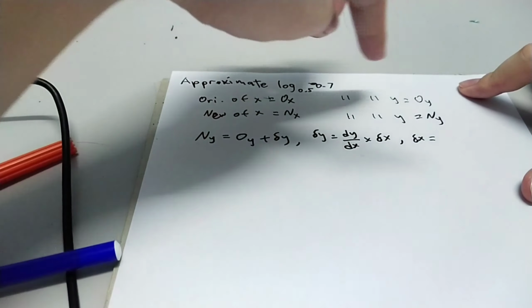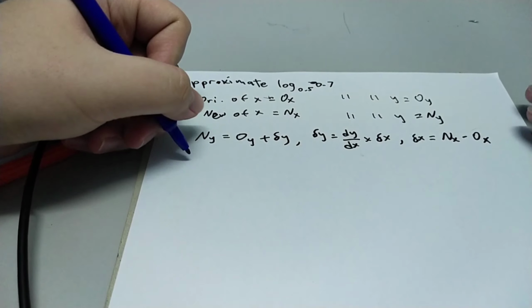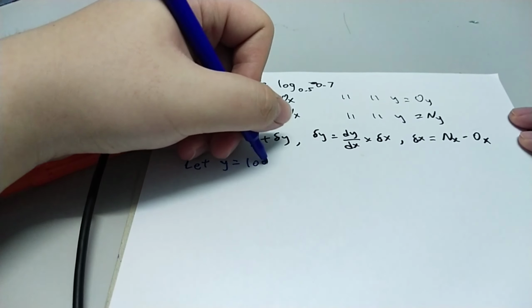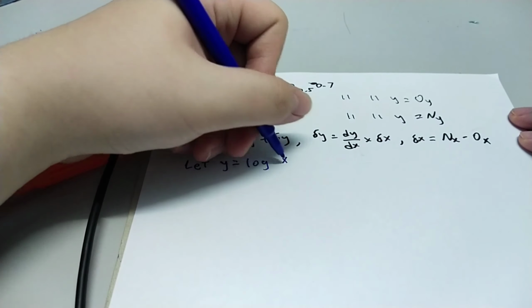So I will let y equal to log of x with base 0.5, and then we differentiate it: dy over dx is equal to 1 over x times natural log of 0.5.